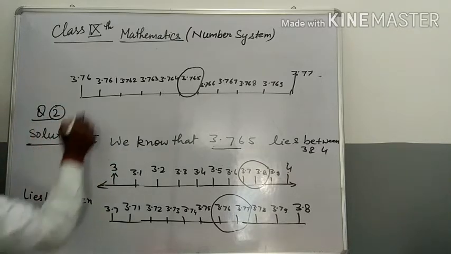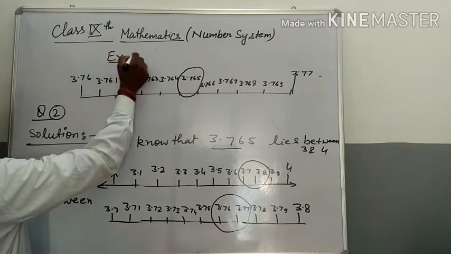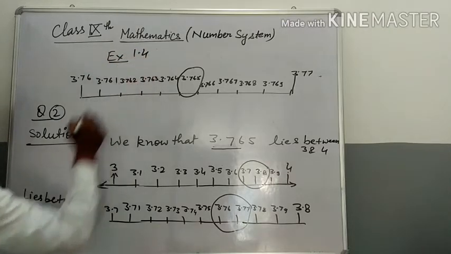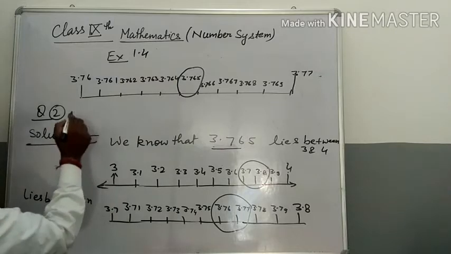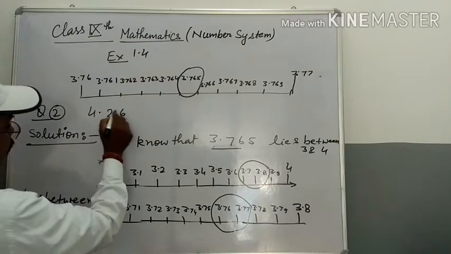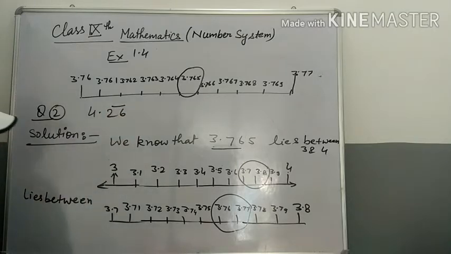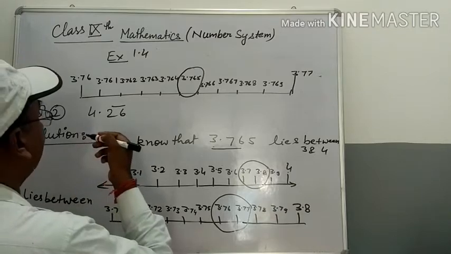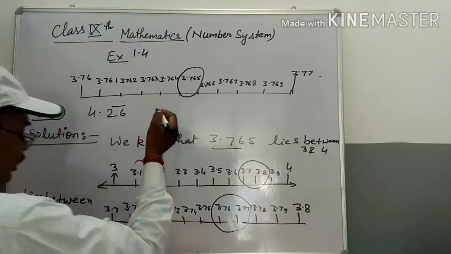Question number 2 from exercise 1.4. The question is: visualize 4.26 with a bar over it on the number line up to 4 decimal places.